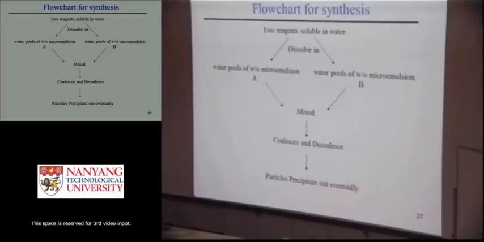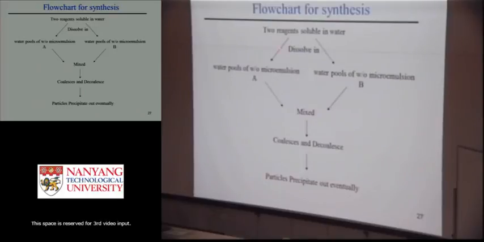Sometimes, let's say A plus B plus C give you some product, let's say D. If A and B do not react with each other, you can put them together in one microemulsion. Then C you put into another microemulsion. Still, you only need to make two microemulsions. Of course, if A reacts with B and B reacts with C, and all three react with each other, you might have to make three microemulsions as well. So it all depends on the real experimental conditions.